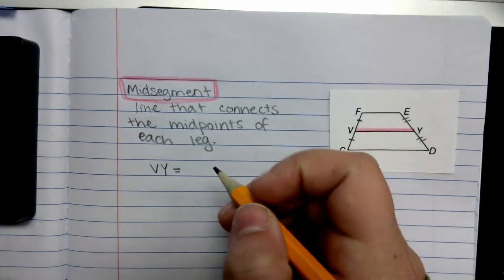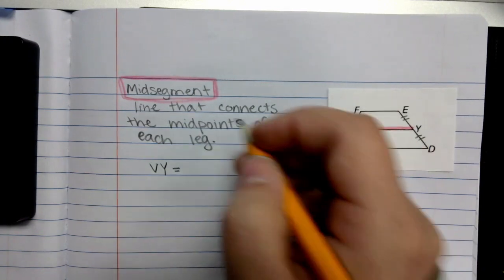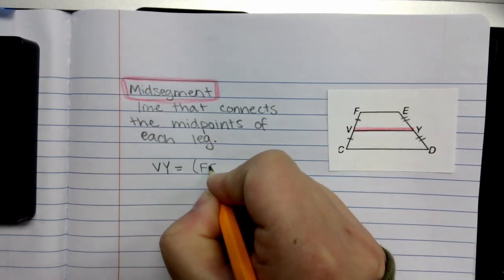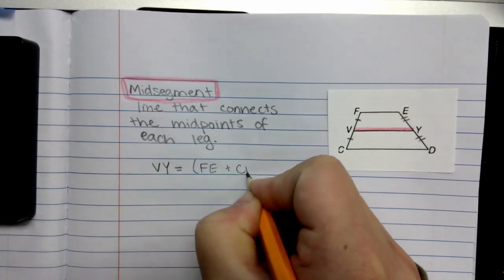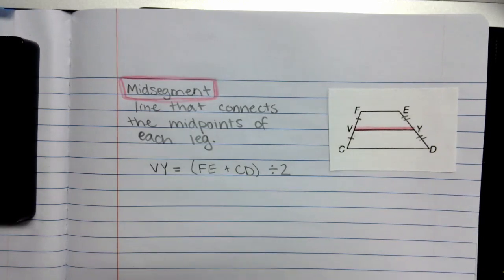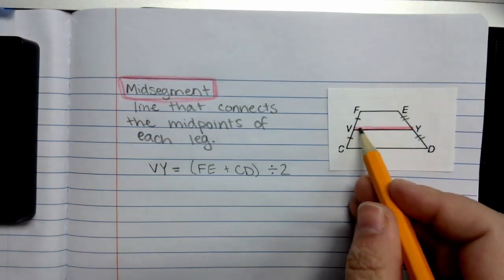All right, number 3, we know FE is 6, and CD is 18. I want to know how much is VY.